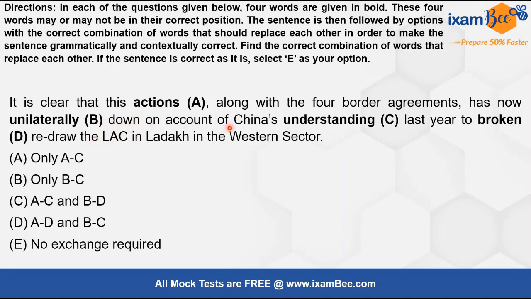Broken down on account of China's, and here it is clear that this understanding along with the 4 border agreements has now broken down on account of China's actions last year to unilaterally redraw the LAC in Ladakh in the western sector. So now this sentence makes sense, right?